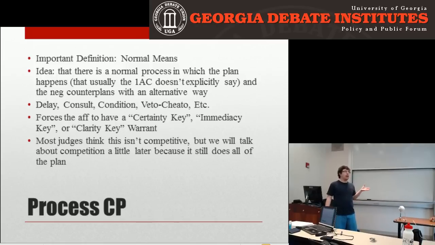But then you see how that's really strategic for the negative to just say, well, yeah, we should do the plan, that's all good, but we'll just do it later, right? Most likely, you don't have an advantage to doing the plan right now. Does that make sense? So it's really strategic for the negative and really bad for the affirmative.